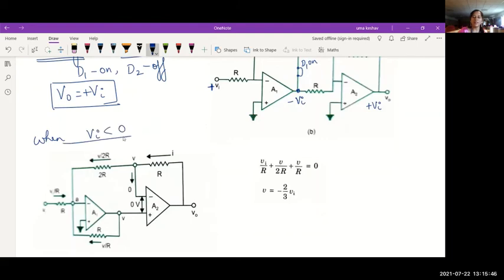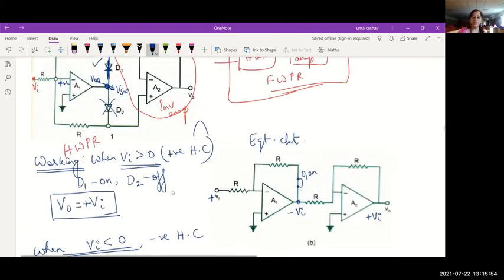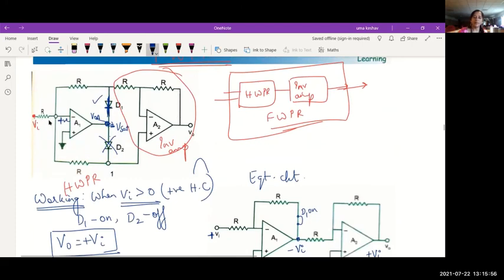When Vi is in the negative half cycle, less than 0, you see the second diode should switch on. Naturally, you can understand if there is a negative voltage here, whenever there is a negative voltage here, this VOA tends towards plus Vsat.